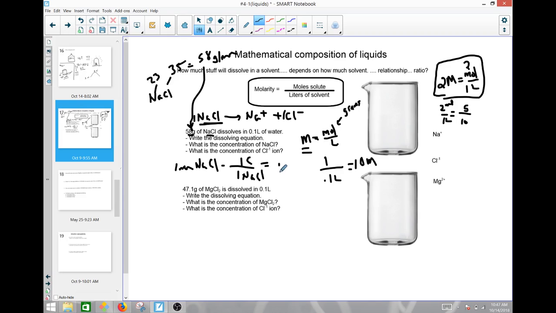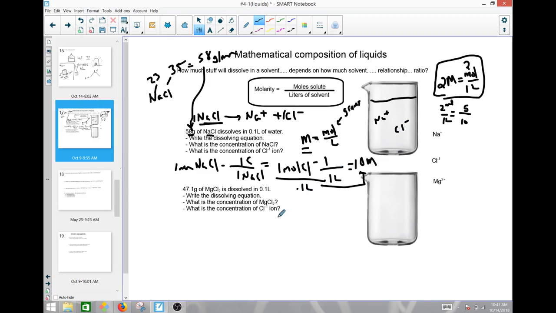So you still have 1 mole of Cl- ions divided by the 0.1 liters, which gives you back your 10. Drawing a picture of this, what will it look like? Well, it'll be Na+ and Cl-. You could possibly show a size ratio here as well. But other than that, however many you add is just proportional to the concentration.